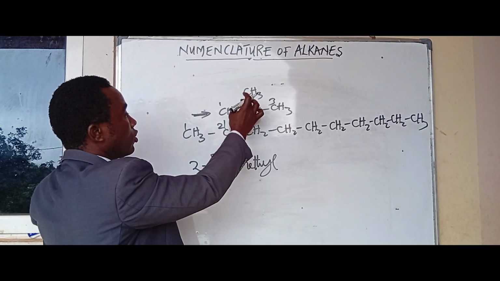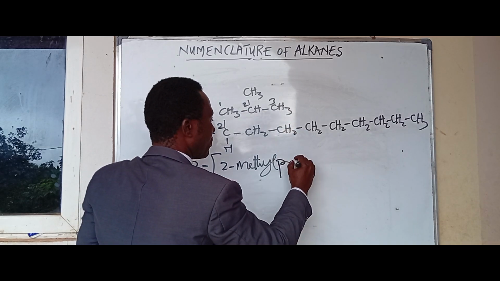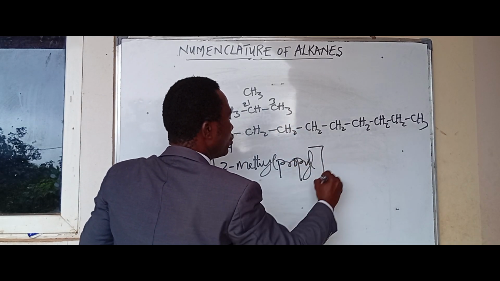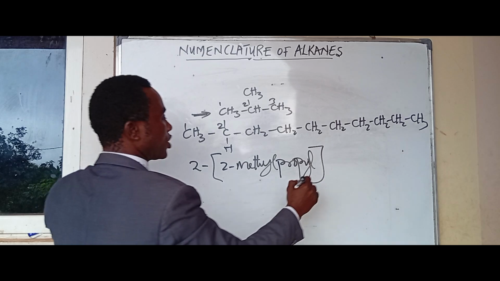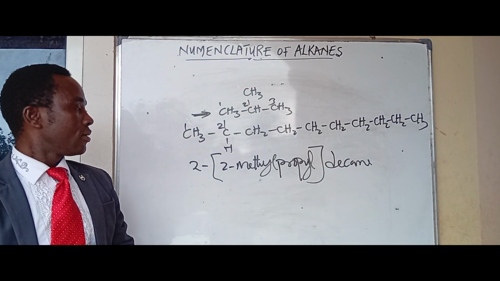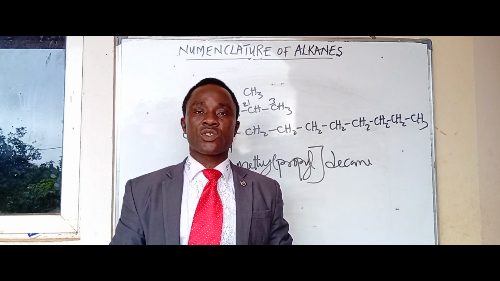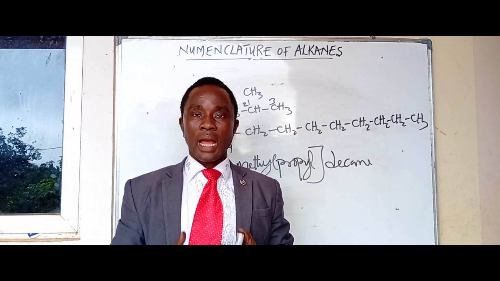What is the substituent? Propyl. Then you name the major compound, which is decane. So that is 2,2-methyl propyl decane. So I believe that we have learned some tips in naming alkanes.